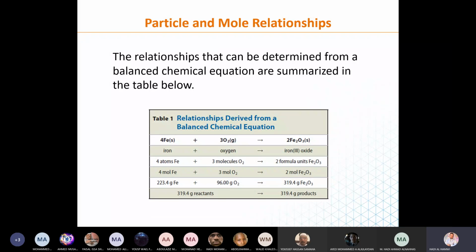Because if you derive the relationship without balancing, all your answers will be wrong. So before solving, you should know if the chemical equation is balanced or not. If it's balanced, it's okay, so you can just continue with your work. Whereas if it's not balanced, you should balance it first, then continue.